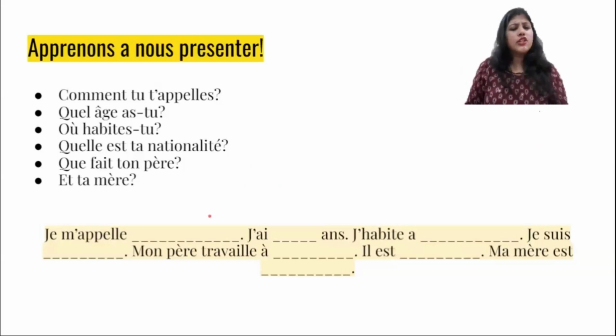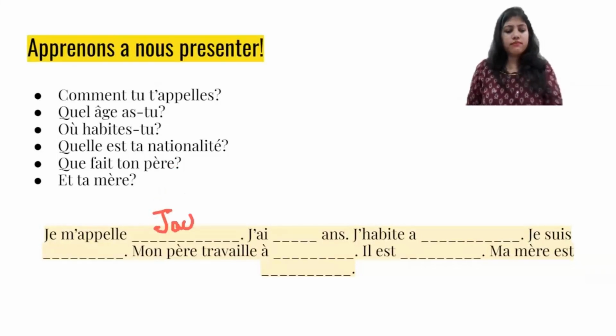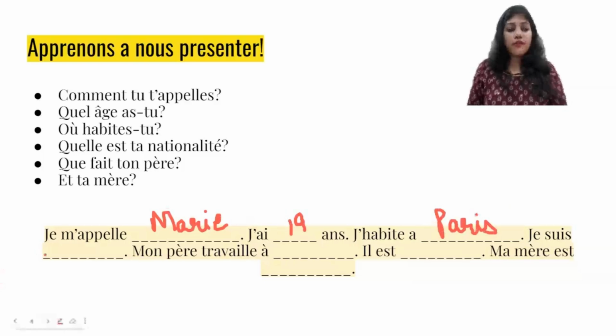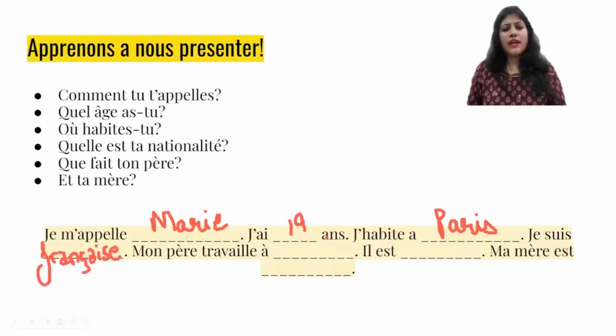Okay, so I am taking a very random example. Je m'appelle Marie. J'ai 19 ans. J'habite à Paris. Je suis française. Mon père travaille à l'hôpital.